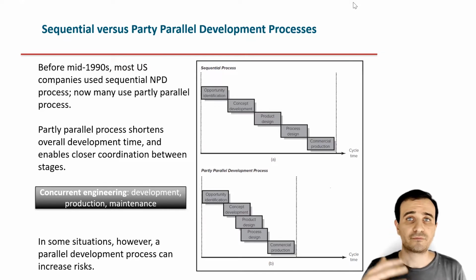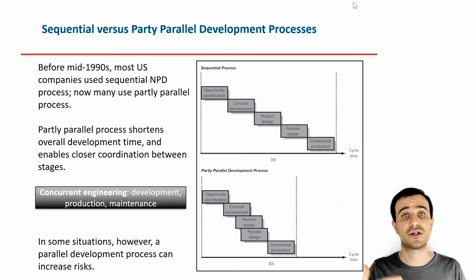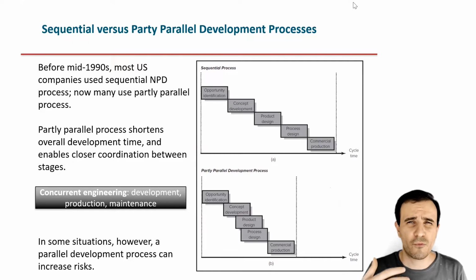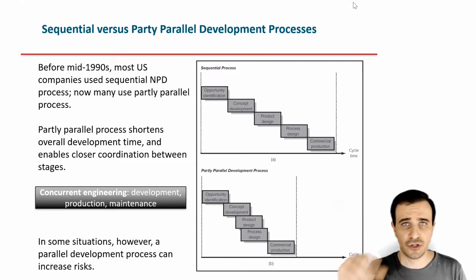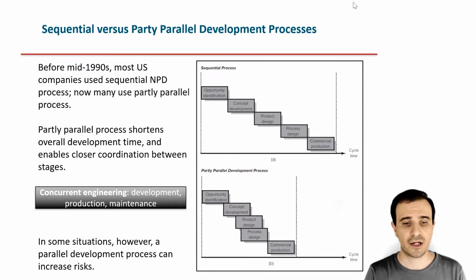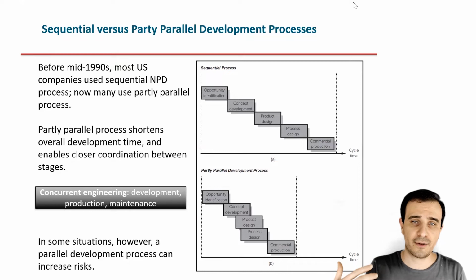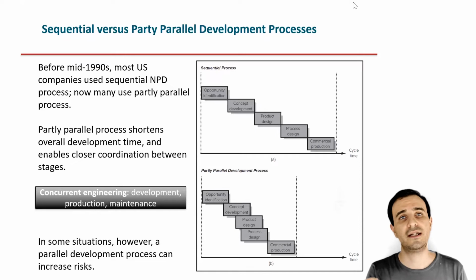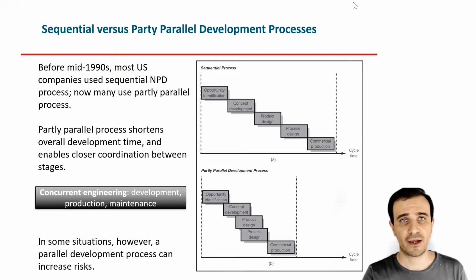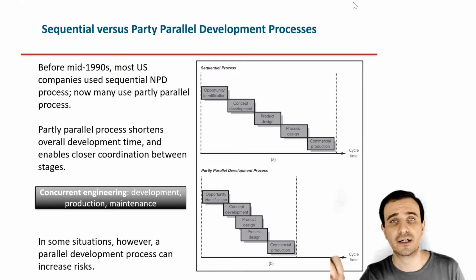However, this implied that the cycle time was longer. And it also implied that there was not much communication along this journey, along these different steps. So it could be that during the concept development, the product design, and the process design, engineers would have come up with some ideas that were not feasible in commercial production.